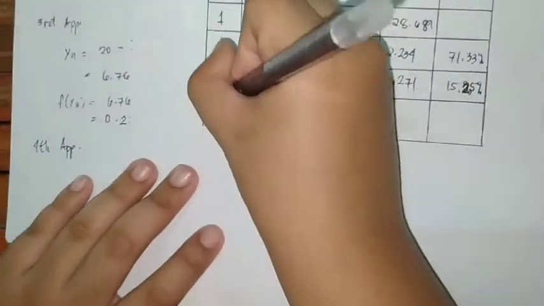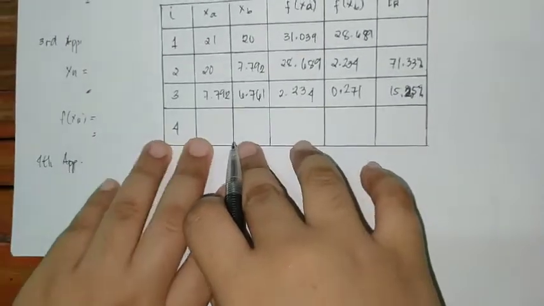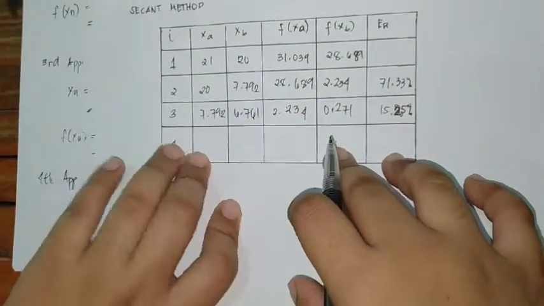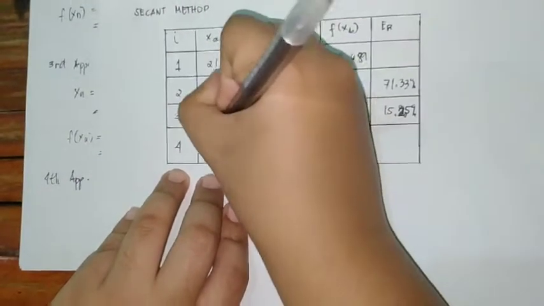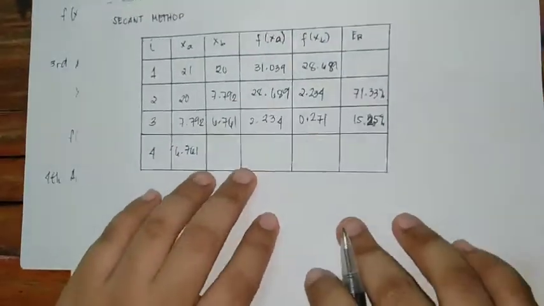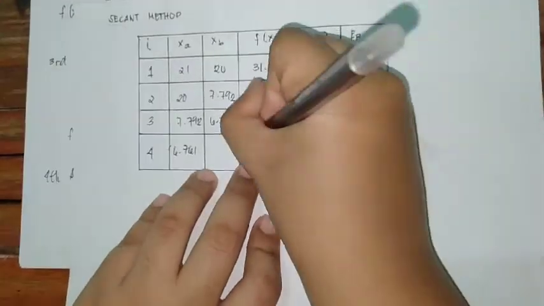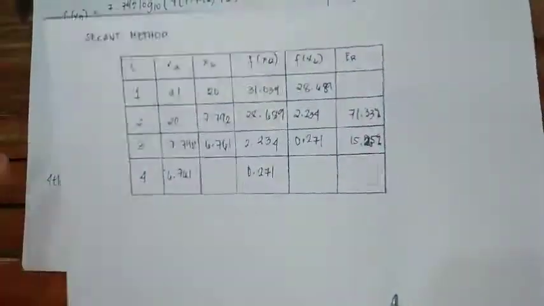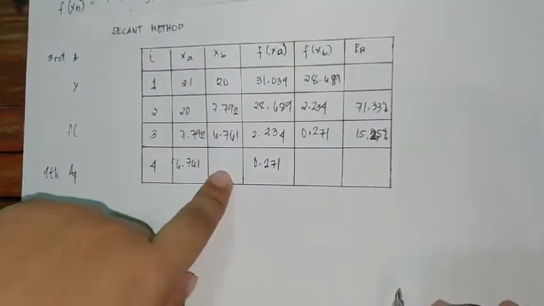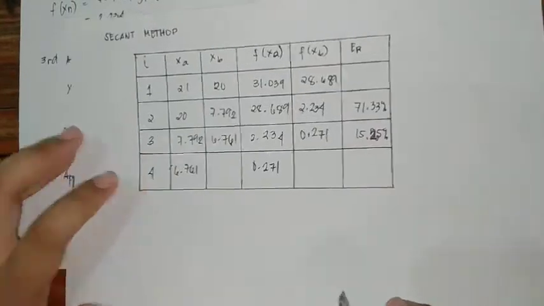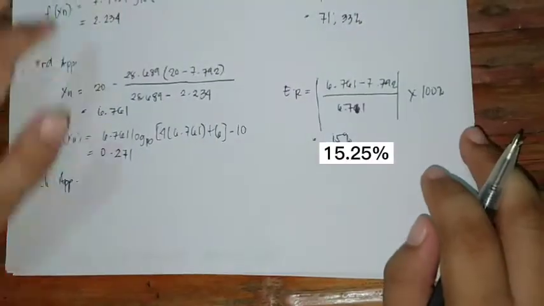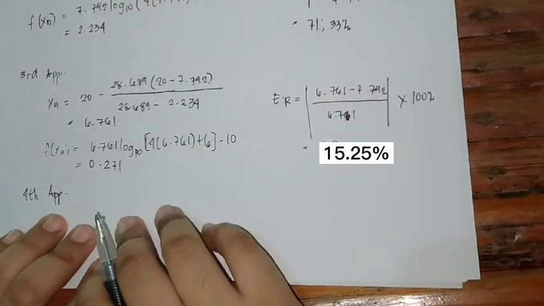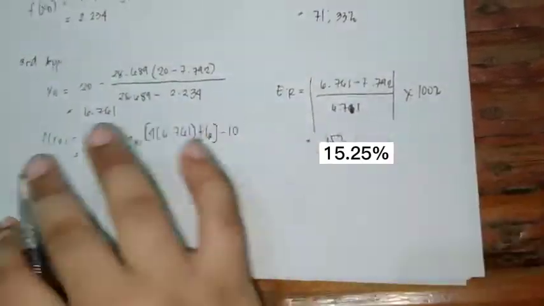Now for the fourth iteration, the x_a will be the x_b of the third iteration. So we have 6.761, and then the f(x_a) is 0.271. Now, to find the value of x_b for the fourth iteration, we're going to use the formula of the secant method, which we're going to substitute everything.